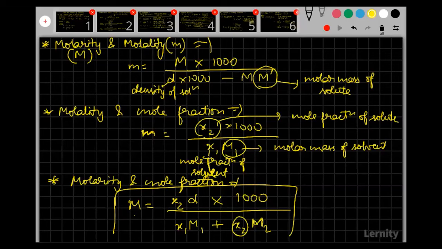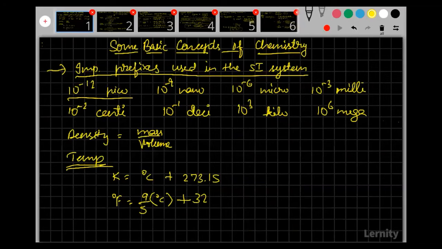Okay, slide 1. I'll just keep it for a few seconds. All the slides. Guys, we should do some numericals.